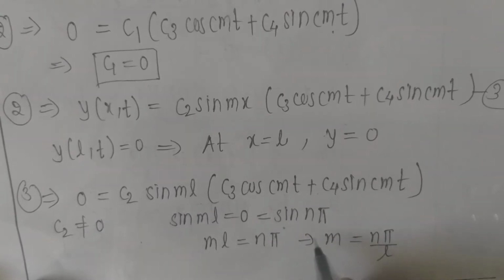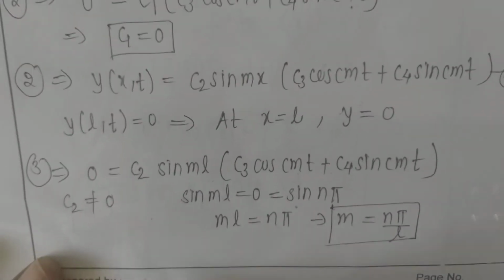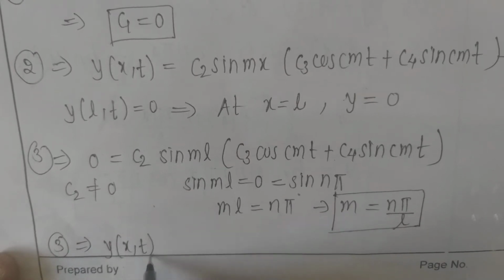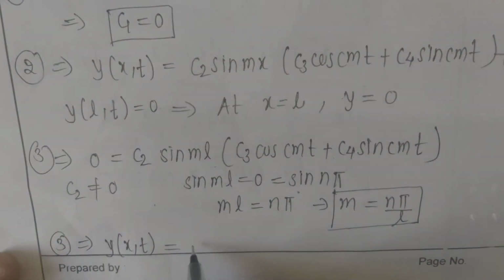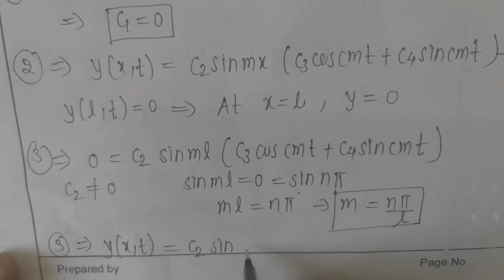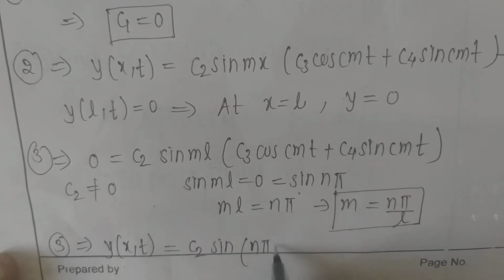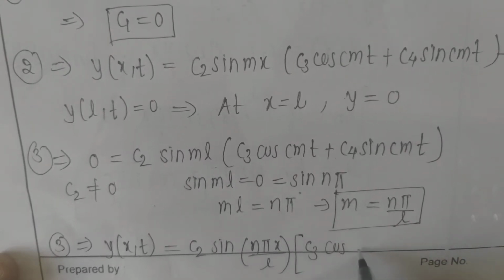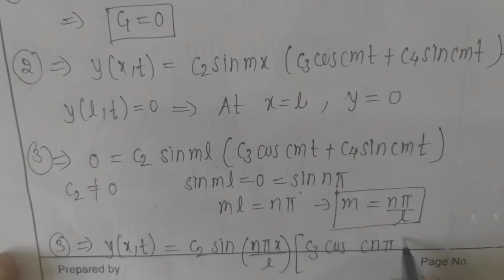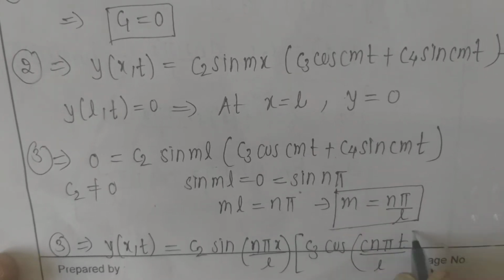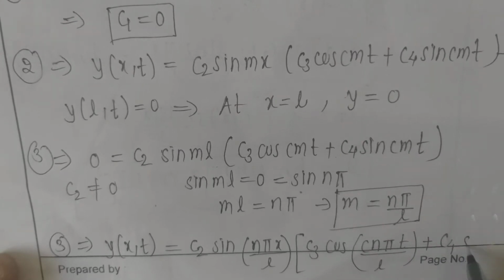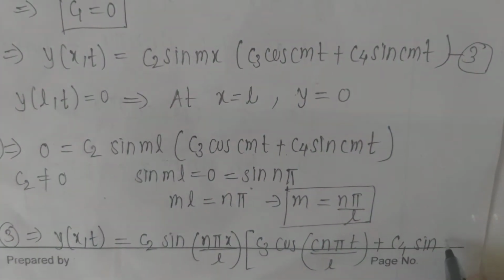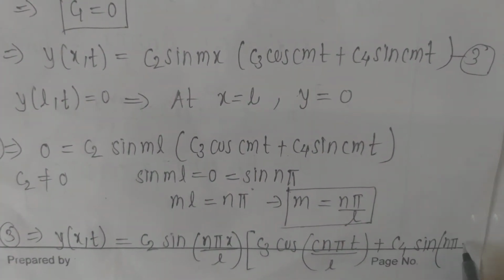So substituting this value in equation number 3, equation number 3 becomes y of x,t equal to c2, which is not equal to 0, so c2 remains as it is, sin of n pi x by L multiplied by c3 cos of c n pi t divided by L plus c4 sin of n pi c t divided by L. We are substituting this value of m in each and every term.